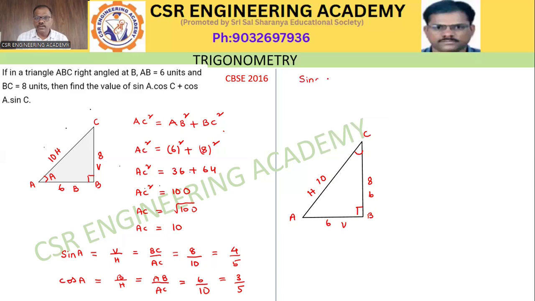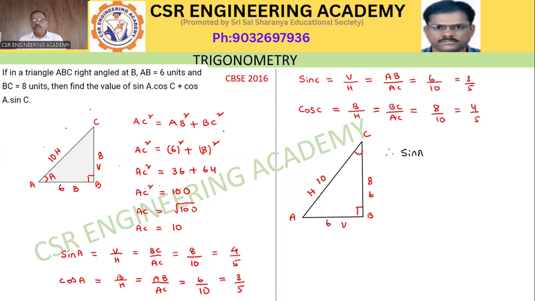Sine C is equal to vertical side by hypotenuse is equal to AB by AC is equal to 6 by 10 is equal to 3 by 5. Cos C is equal to base by hypotenuse, that is equal to BC by AC is equal to 8 by 10 is equal to 4 by 5.